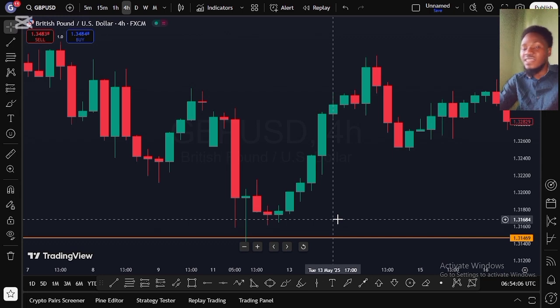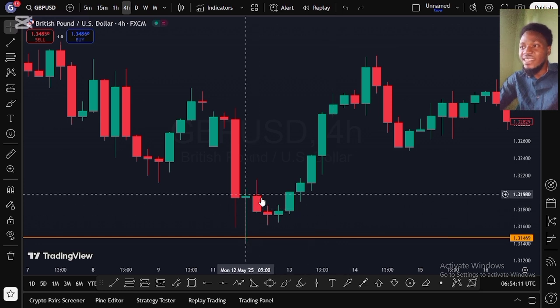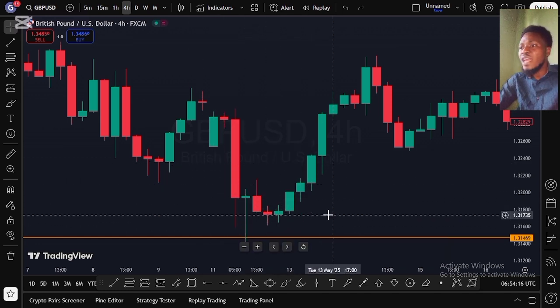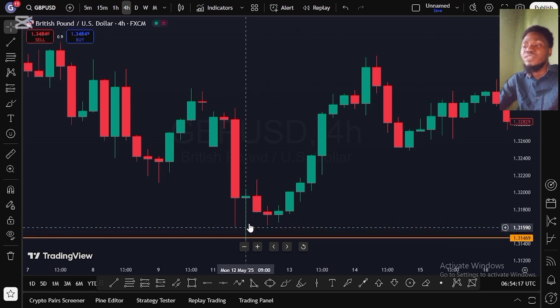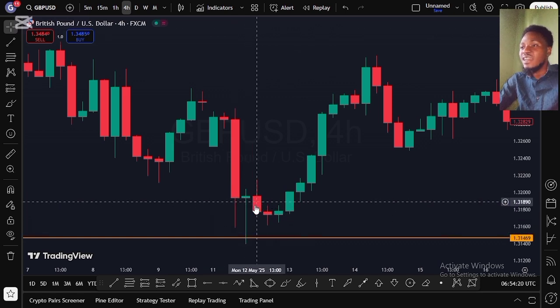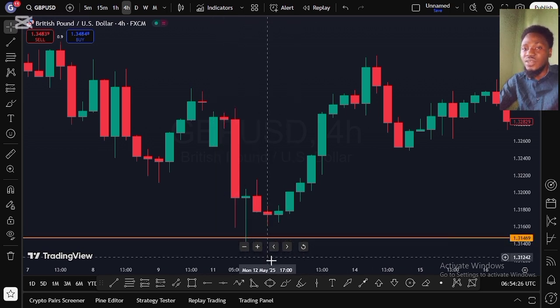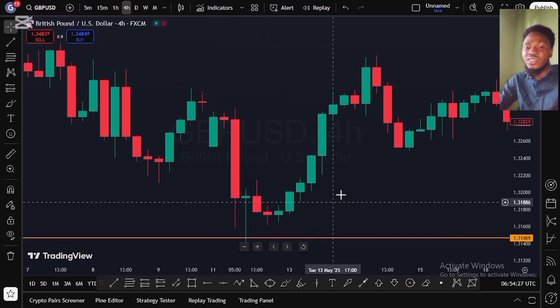So you want to see this as a battle of control, a battle of taking over. That's what you want to see in price movement. So buyers took control here, pushing price up. What I'm seeing here now is buyers stepping in. There is strength at this level. There are interested buyers on this level, so I want to take that into context.